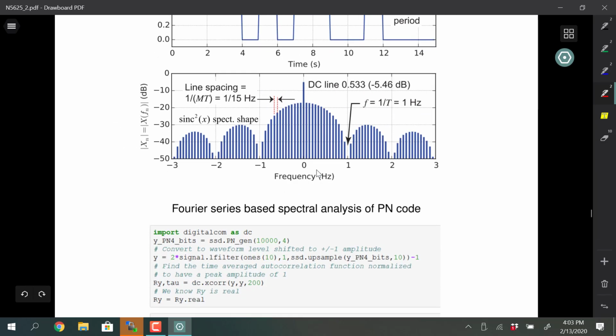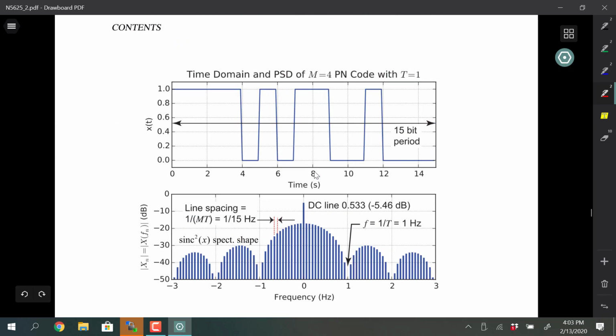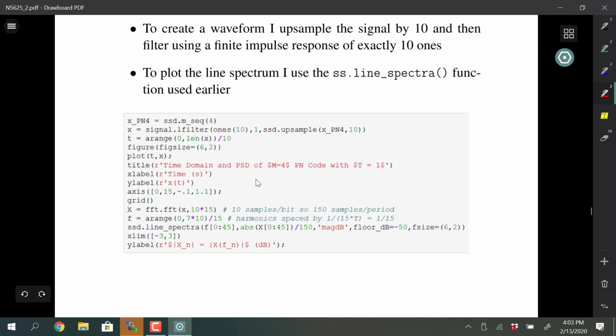And I did some modeling in here, and this was how that turns out when you do it in Python. I'm just doing the same old thing where I'm putting the values into the line spectra plotting function, but I'm putting them in as the magnitude of these x values.